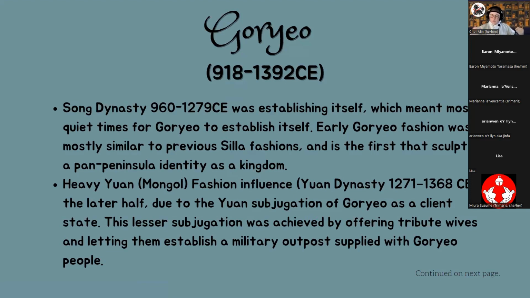Early Goryeo had a political coup, and they took over Silla, unified Silla, and Balhae had collapsed by this time, and so Goryeo has now finally united the whole peninsula, and this is kind of when Korean identity starts being formed.